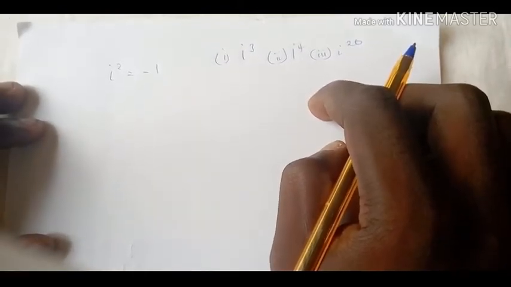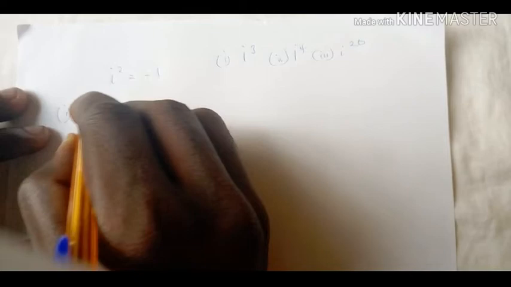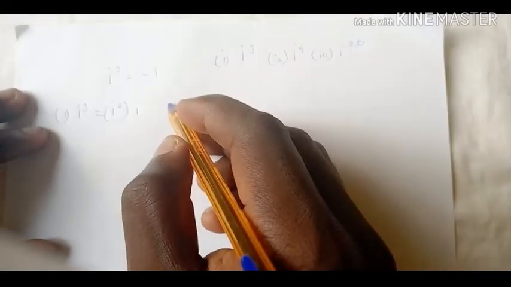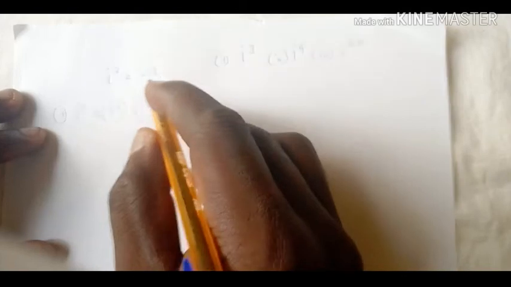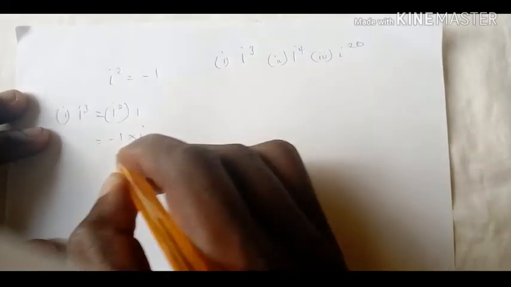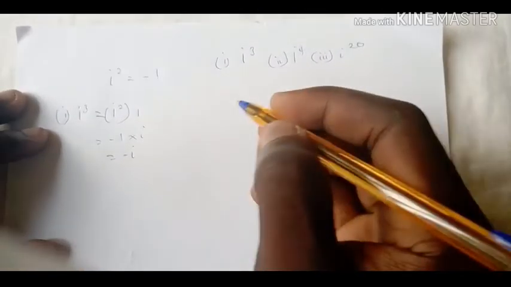I think this is something you should know, as it's going to be useful. With i cubed, this is the same thing as i squared times i. We know i squared is equal to -1, so in place of i squared we get -1 times i, and that gives us -i.